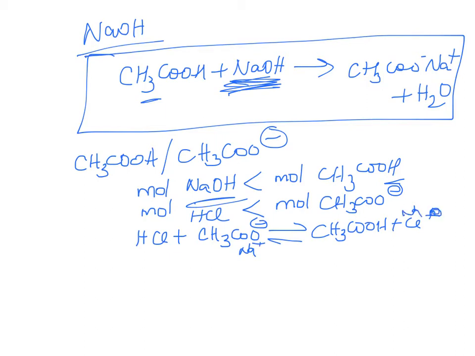Realize that as long as the number of moles being added is less than the moles or the concentration of the acid part and the base part of the buffer, we would be able to resist pH change. That means whatever change occurs is going to be minimal. That's why we say that resistance in the pH will occur.